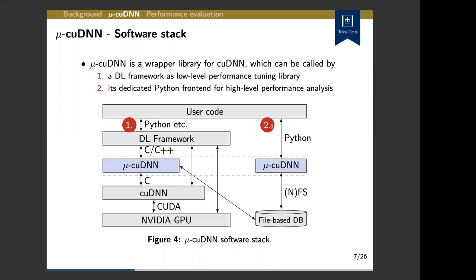This function resembles cuDNN's logging function, which is enabled by setting the cuDNN log info environment variable, but it only records calls and the corresponding arguments to cuDNN for debugging purposes. So this is the difference.